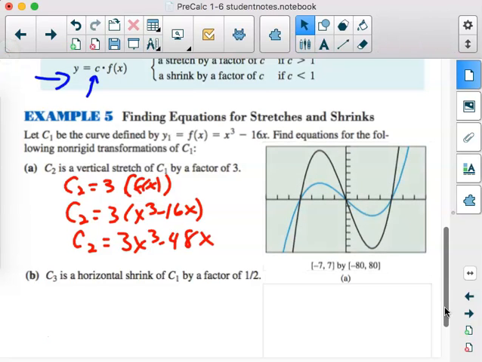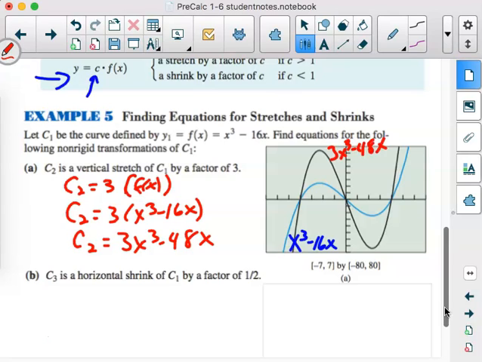And we could certainly graph those, and we could see that where the blue is the original, that's our x cubed minus 16x. And then the black one is our 3x cubed minus 48x.